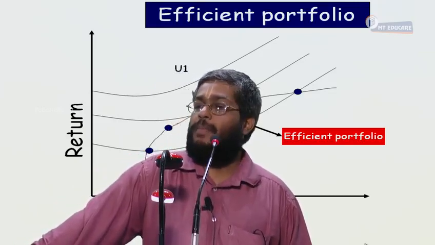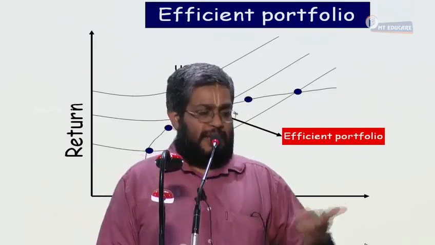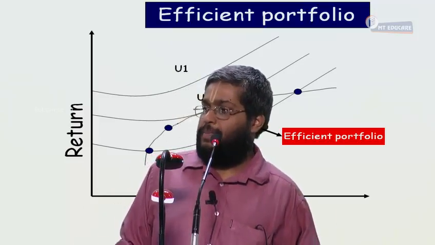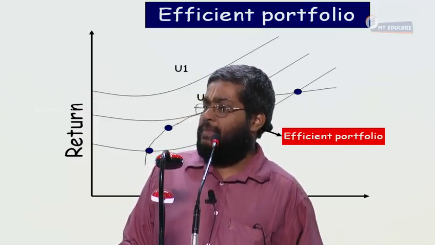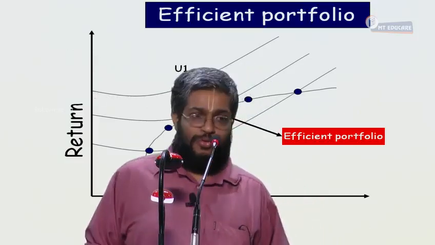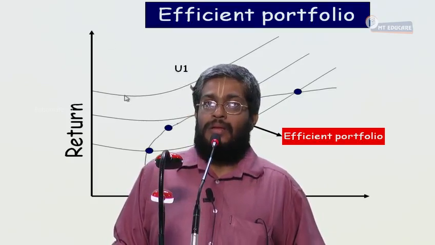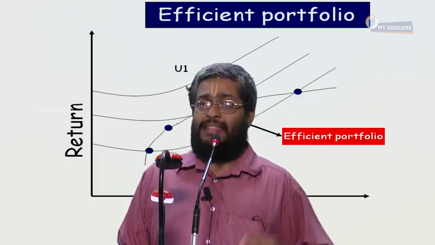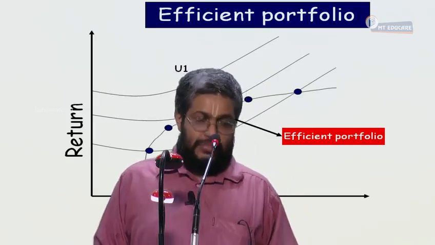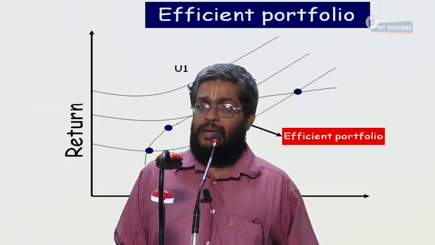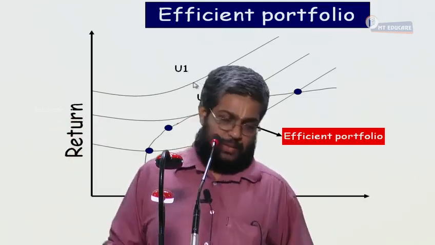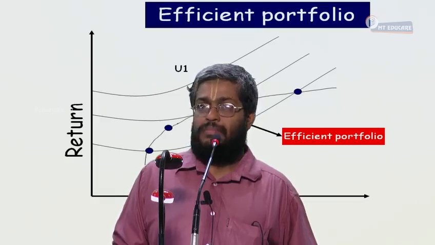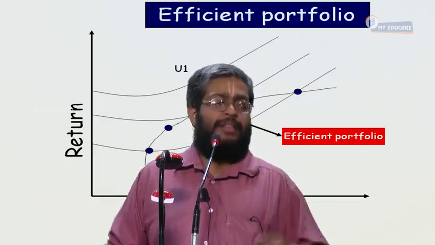Point number 2 or 3 or 4? 4. He first searches whether there exists any portfolio that lies in U1, that gives him maximum happiness.